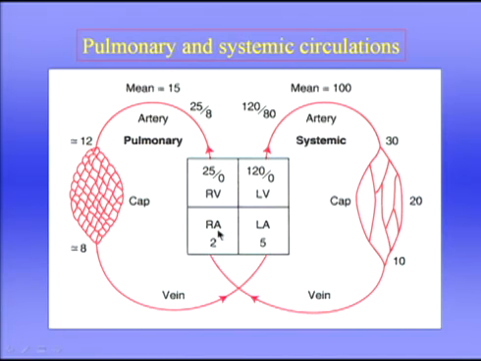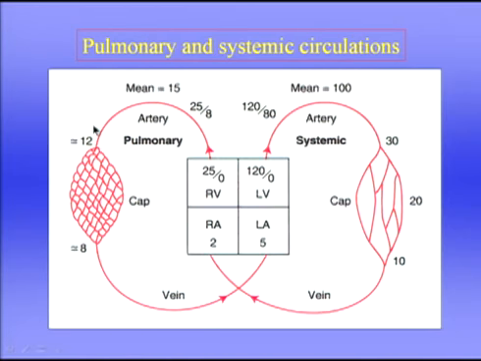And we can see some of the pressures here indicated on the diagram. The mean pressure in the pulmonary artery is about 15 millimeters of mercury, and notice how very different that is from the mean pressure on the systemic side, which is about 100 millimeters of mercury.